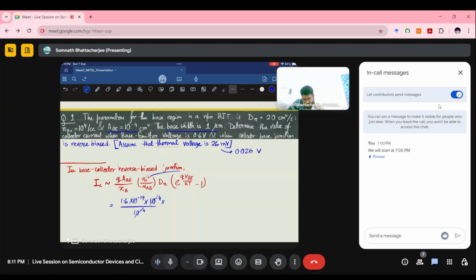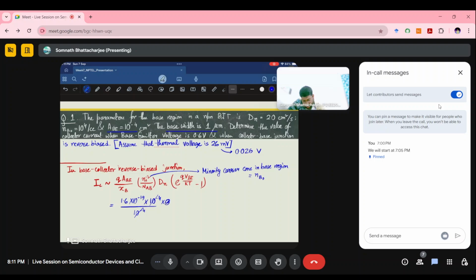Okay, so this term is nothing but minority carrier concentration in base region, right? Which is nothing but Nb not.